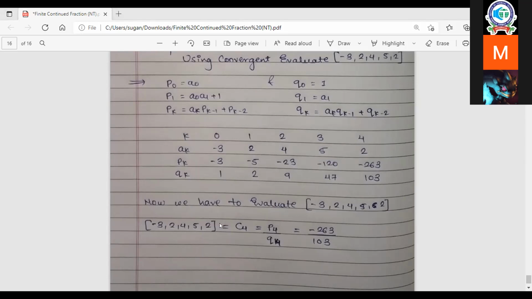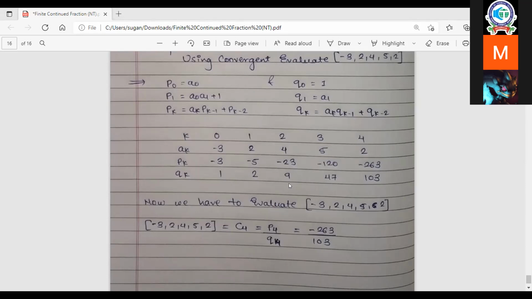Now look at P1, Q1 and P2, Q2. Take a 2 by 2 matrix: minus 5, 2 is the first column and minus 23, 9 is the second column. What is the determinant? This is minus 45 plus 46, which is 1. Now look at this part: minus 23, 9 and minus 120, 47.